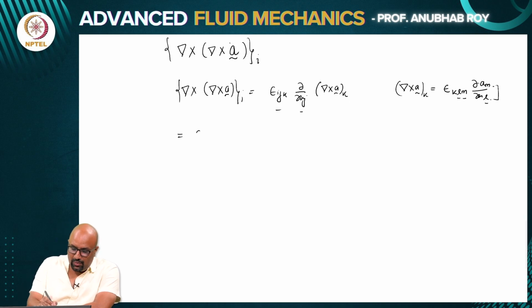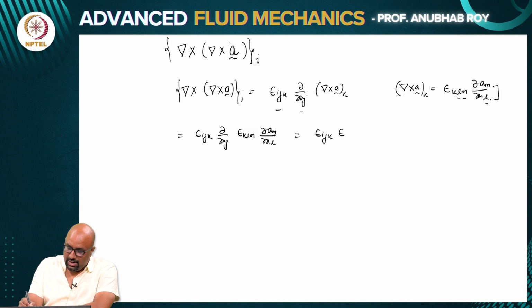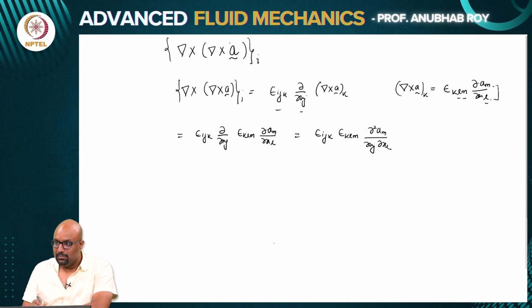So, finally, what we have here is epsilon ijk dou xj epsilon klm dou am dou xl, and then this becomes epsilon ijk epsilon klm dou square am dou xj dou xl. Now, we just saw this identity.